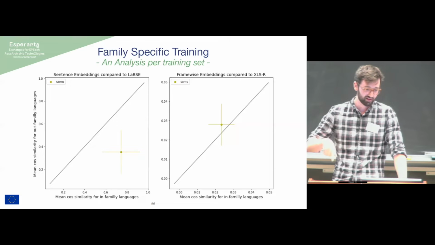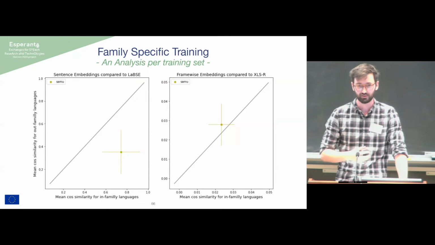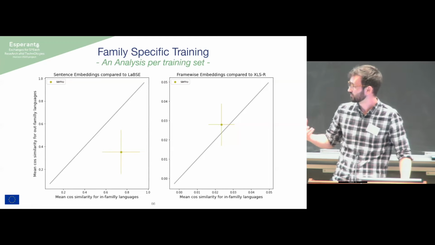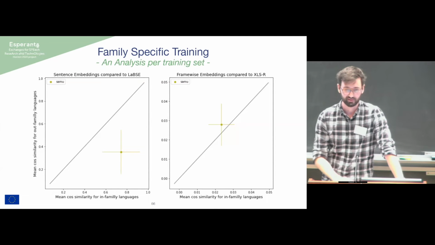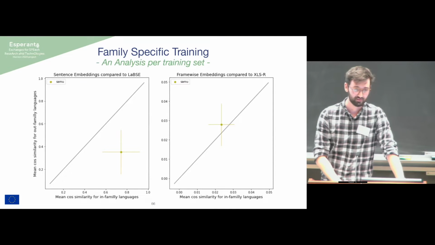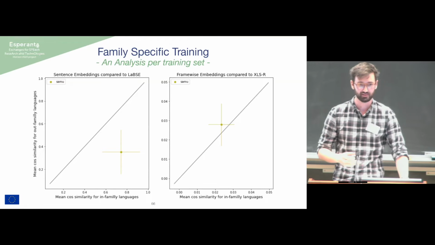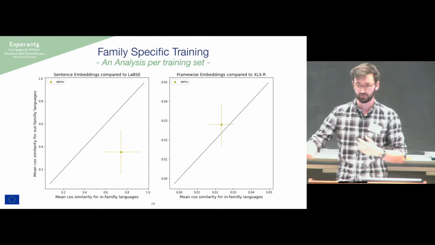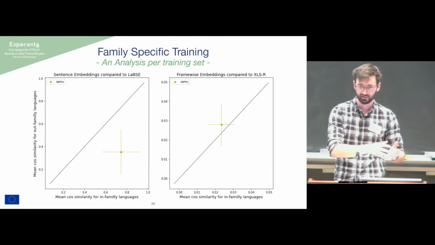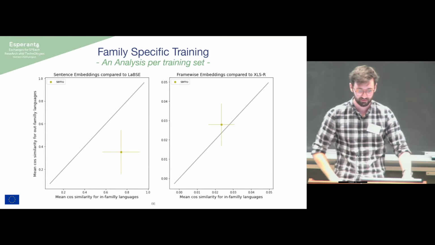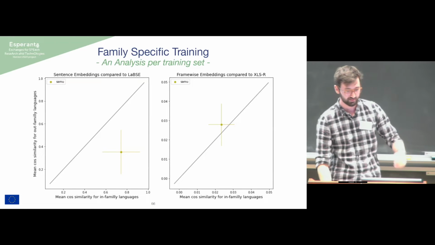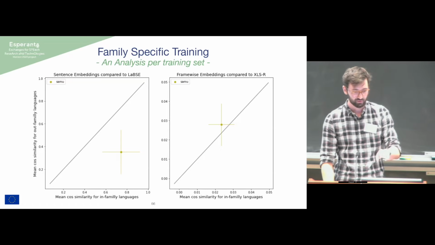And the y-axis is for the out-family languages: do we have a generalization here? For the right graph, we have the exact same thing, but with XLSR, and we're expecting to get further and further away from XLSR because we're training from XLSR to get something new. So we're expecting the embedding to shift from XLSR, so to get a lower cosine similarity. That's the point for the SAMU-based model.